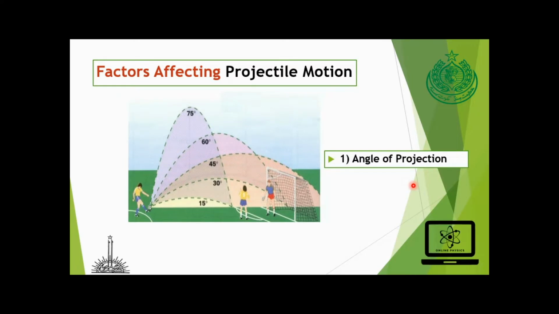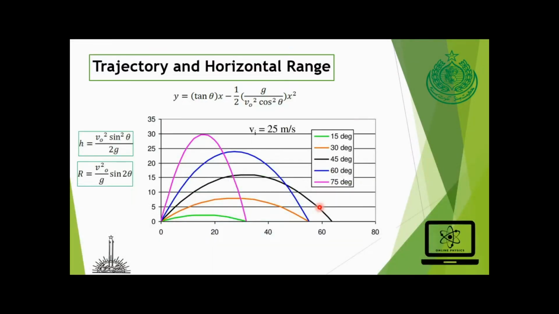Okay, factors affecting the projectile motion. Angle of projection. Let's see in this diagram, the footballer is going to follow different launching angles and will get different ranges. Here we have an initial velocity of 25 meter per second, the same for all the projectiles.